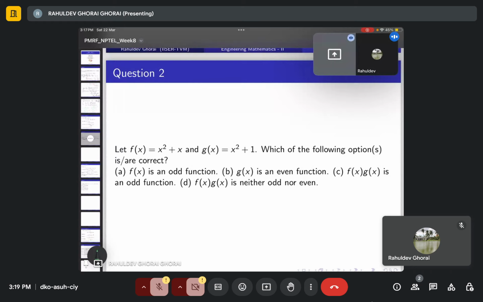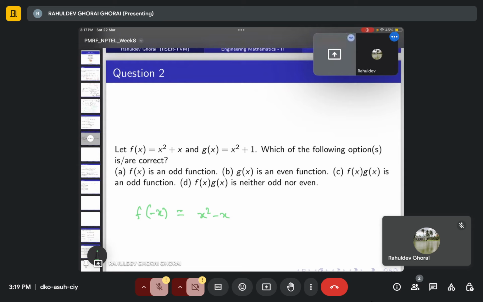I mean, know the properties. What is the property of f(x)? Is f even? Okay, what will be f of minus x? f of minus x will be x squared minus x. You cannot say anything about f(x), right, whether it is odd or even, because if it is odd, it would have come as minus of f(x), which it is not.